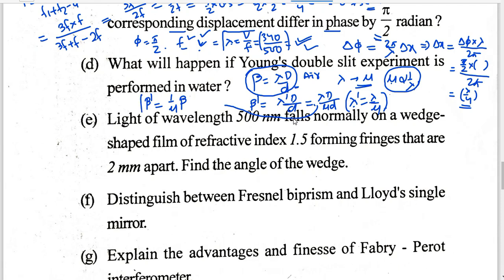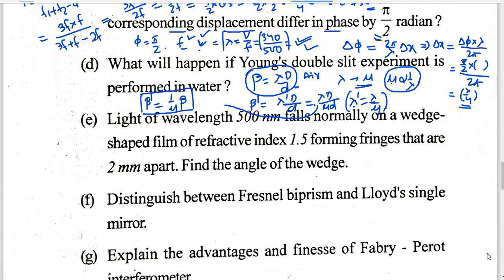That means the fringe width decreases by mu times. The new fringe width will be beta prime equal to beta into 1 by mu. So whenever the setup is kept in a medium of more refractive index than air, the fringe width will decrease.